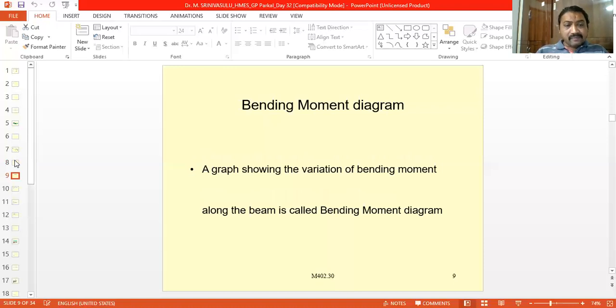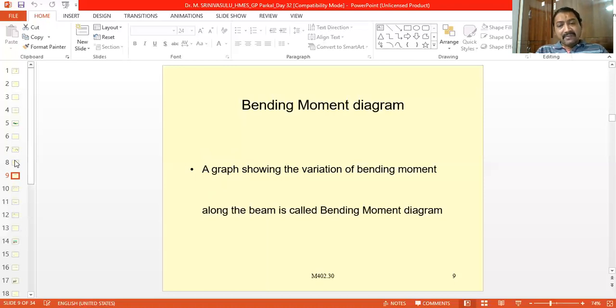Now coming to the bending moment diagram. Similarly, it is also similar to the shear force diagram. In this case, the bending moment acting along the length of the beam is shown, and that diagram is called the bending moment diagram.